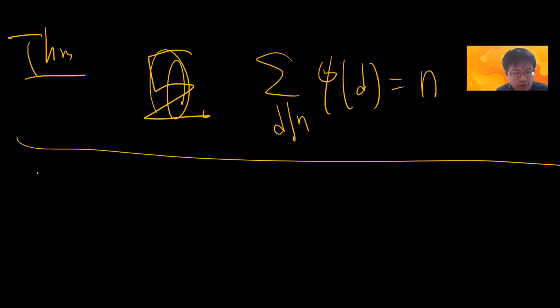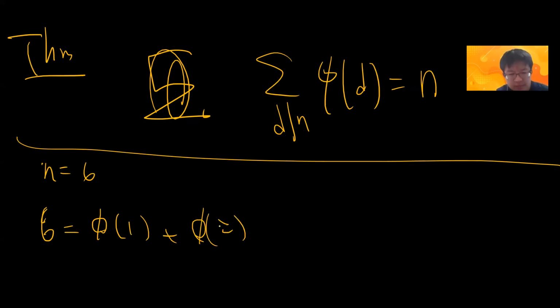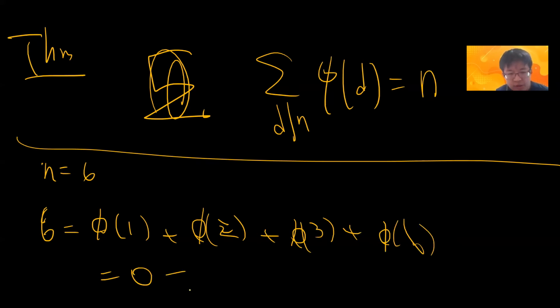So for example, let's say n is 6. So 6 should equal phi(1) plus phi(2) plus phi(3) plus phi(6). Let's check this. Phi(2) is 1, because it's 2 minus 1.